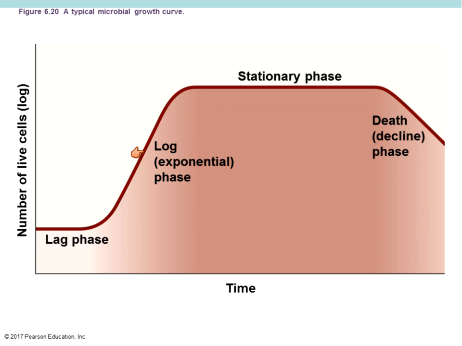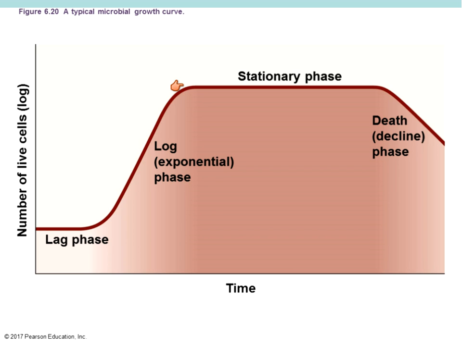In our exponential phase, or log phase, this is where we're going to have the most growth, a huge jump in cells. Then at our stationary phase, the number of cells entering the population is roughly equal to the number of cells exiting the population. So the number of cells present is going to basically stay the same.